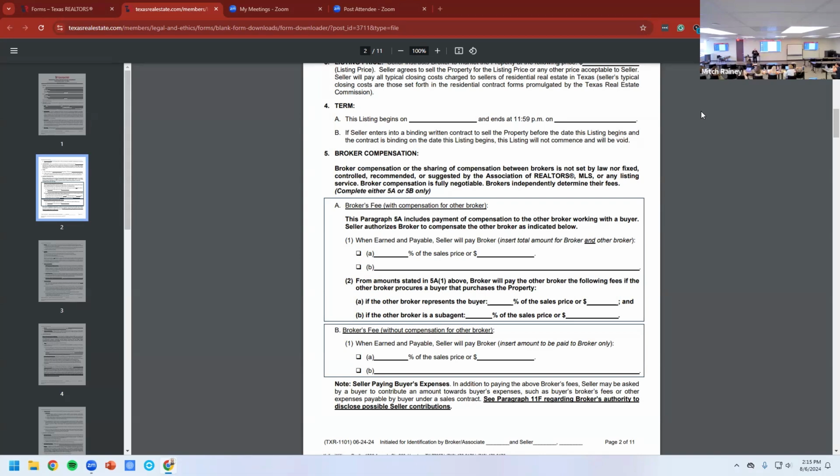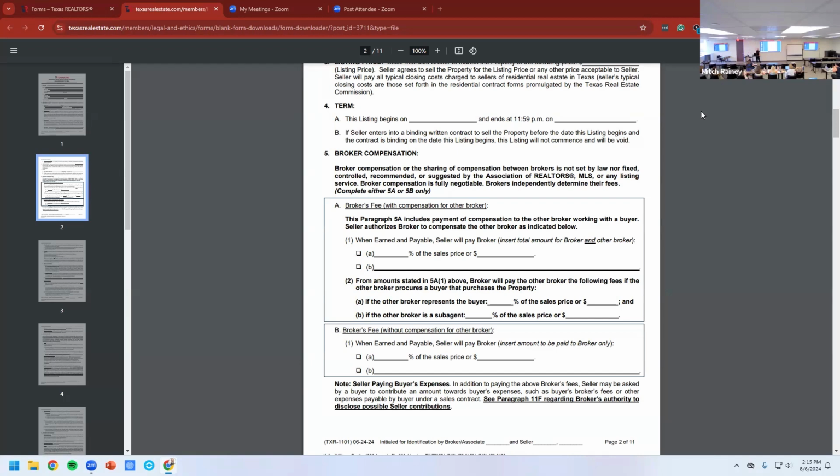You also have someone who's aware of the timeline. So they're going to be watching that timeline and making sure those buyers are performing where they're supposed to be. A lot of people work full-time, right? So it's hard to get a hold of that buyer during the day. If there's a buyer's agent, I can contact the buyer's agent and we can get things cleared up while that seller's at work.